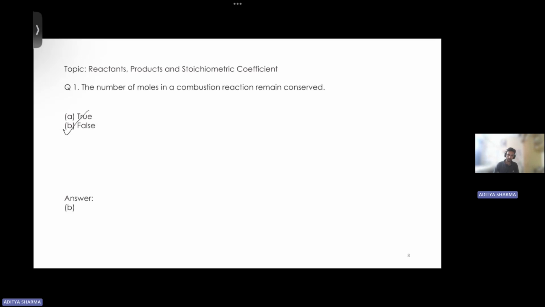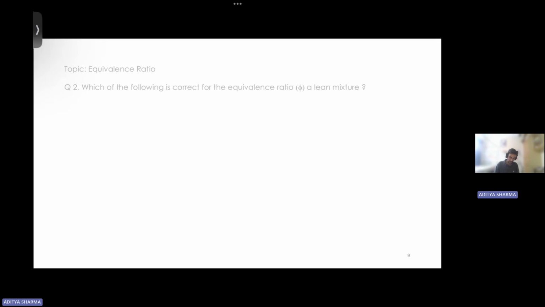So this was your question number 1. So moving on to question number 2. So this is your question on equivalence ratio.